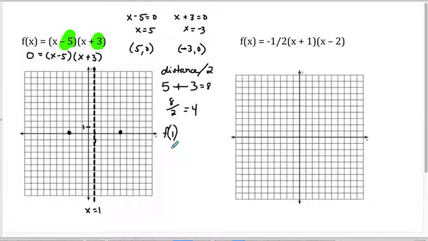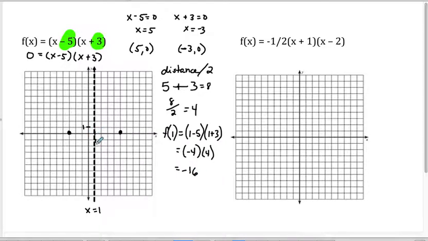So I'm going to evaluate this function for f(1), replacing the x values with 1. So I have (1 - 5)(1 + 3), which gives me -4 times 4. And so f(1) is -16.